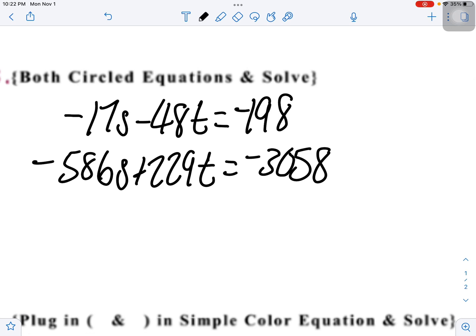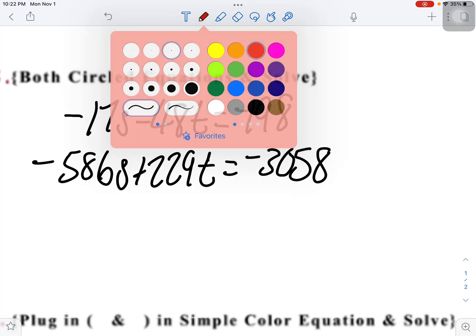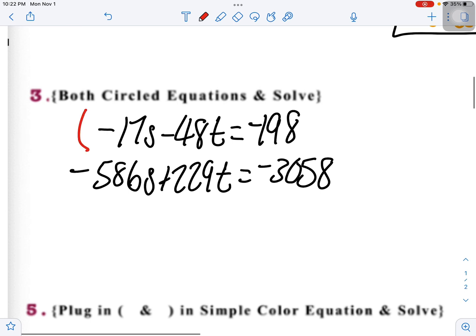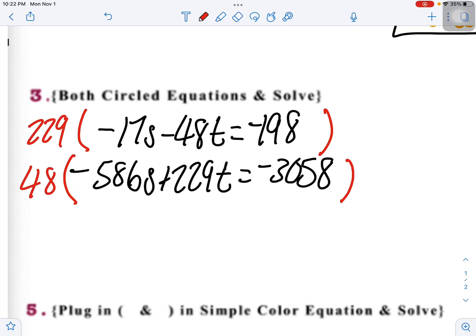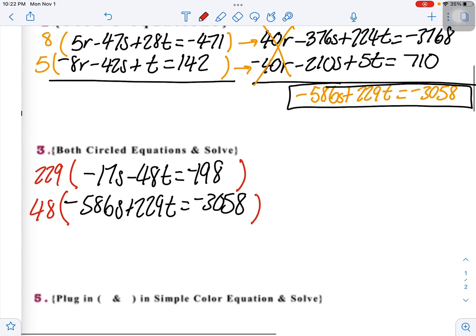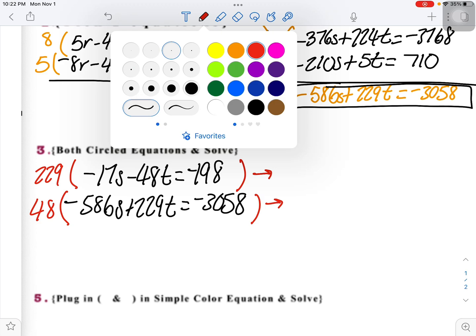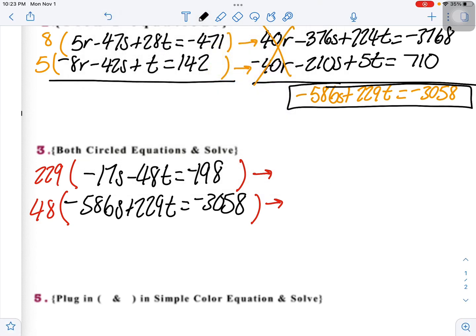So here I have a choice of when I want to cancel s or t, but since t is one negative, one positive, I'm going to cancel t. So that means that I'm going to multiply the top by 229 and the bottom by 48. We're going to get big numbers, right? But it's no problem. As long as we keep everything in order, it should be fine.